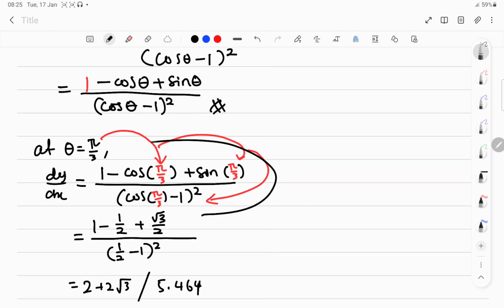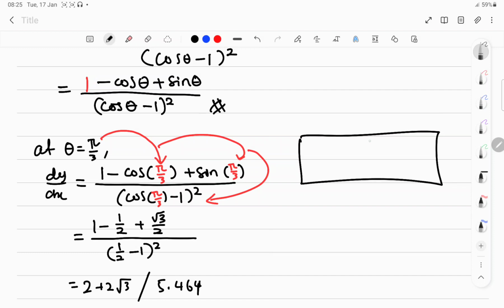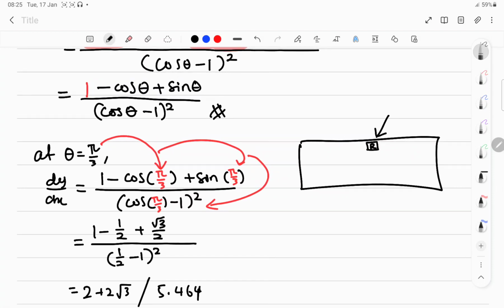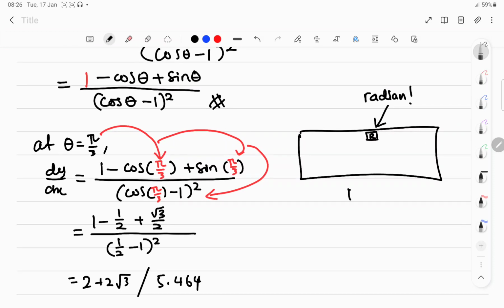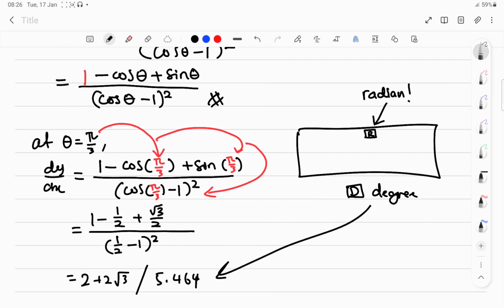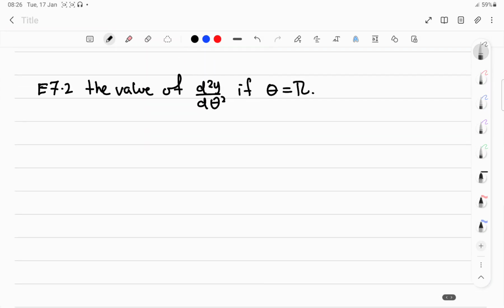Please take note that when you calculate this, in your calculator screen there must be R, an R box over here. So your calculator must be in radian. If it's in degree, then you won't get this figure as your final answer, which is wrong, because you use the wrong input for the wrong setting.